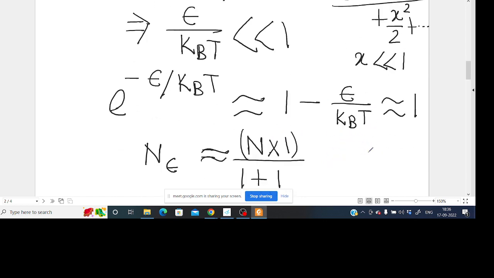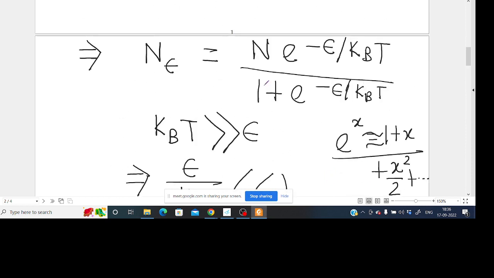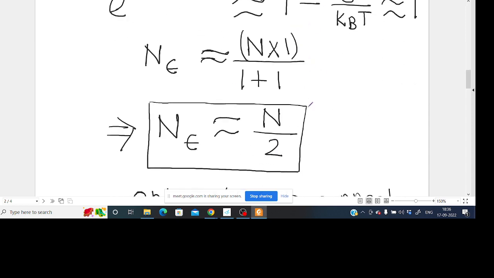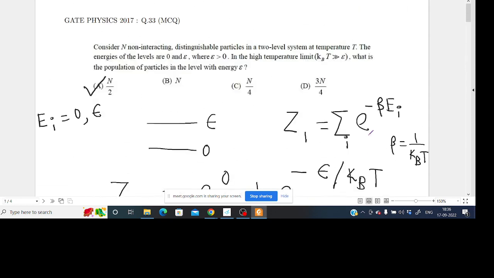So if you do that, then e to the power minus epsilon by kBT is approximated by 1, then you get n in the numerator and in the denominator you get 1 plus 1. So this is equal to n by 2. Okay, any question here?